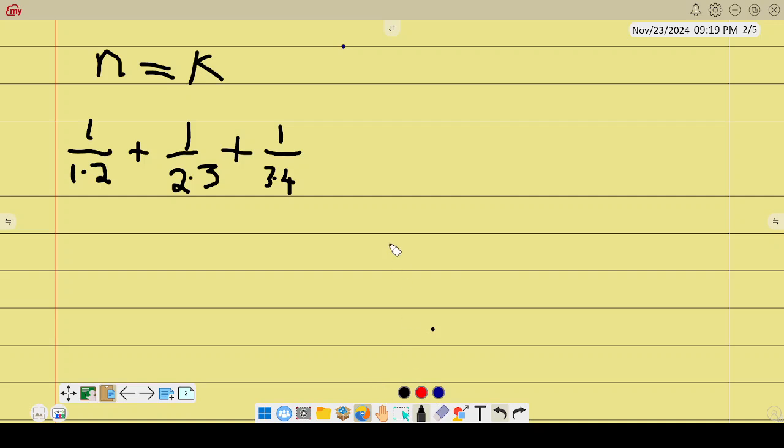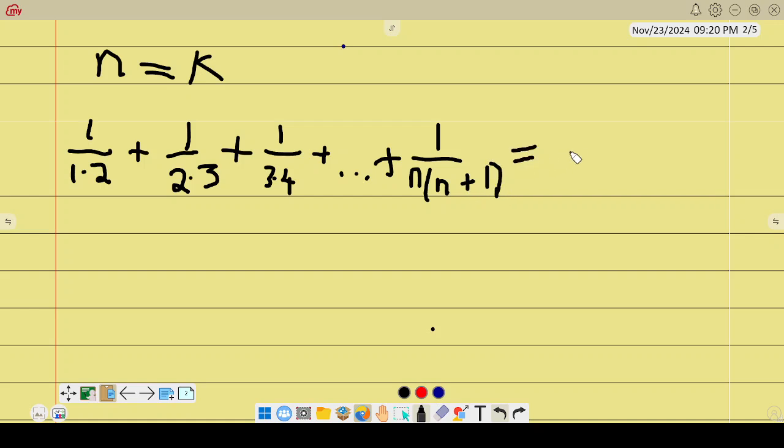plus, going all the way. Obviously you can tell that the next one will be 1 over 4 times 5, plus, and so on, up to the general term 1 over n times (n plus 1).